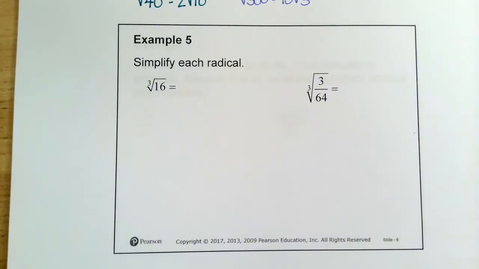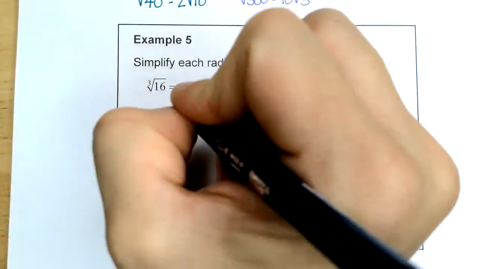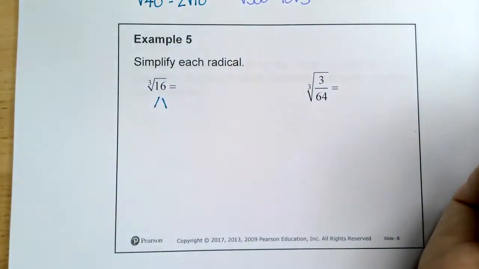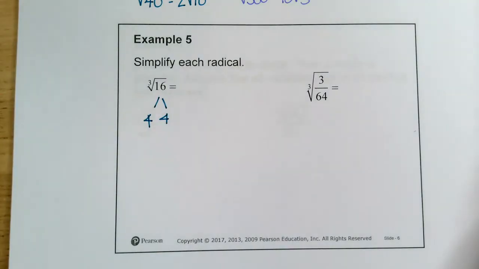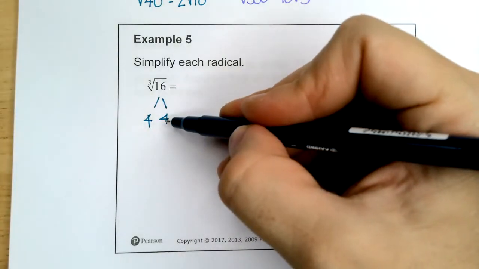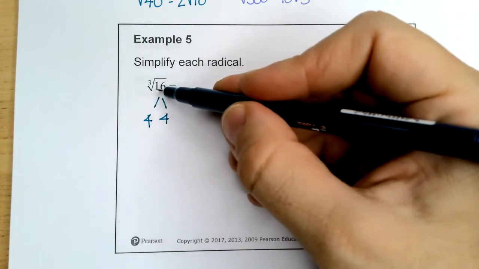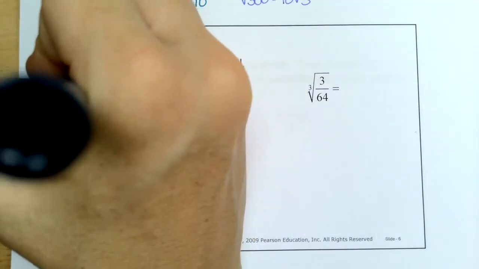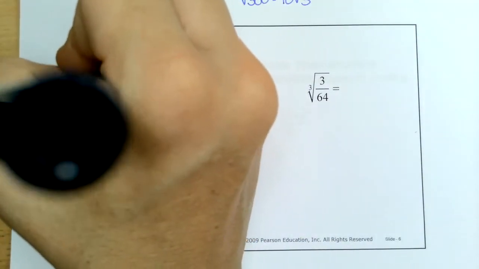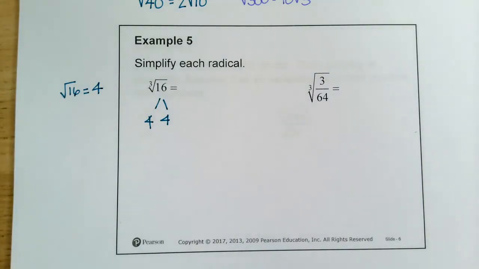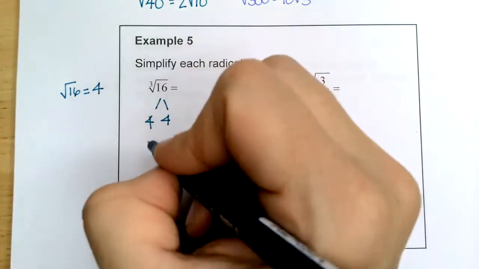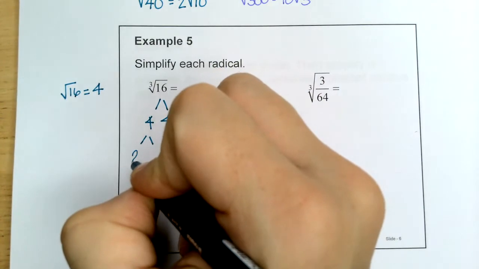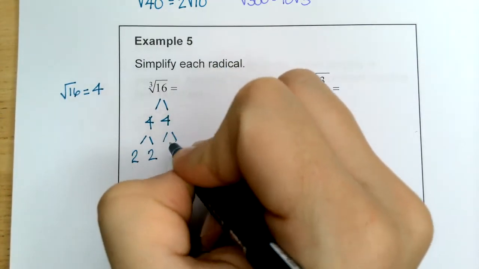The cubed root of 16. Because it's a cubed root, we're looking for 3 of the same number. So 16 is 4 times 4, but that's not my answer because it's not the square root of 16. If it was the square root of 16, I could say that's 4 because we're only looking for a pair. But this is the cubed root, so we keep going. 4 becomes 2 times 2.